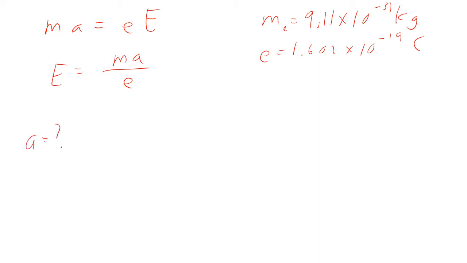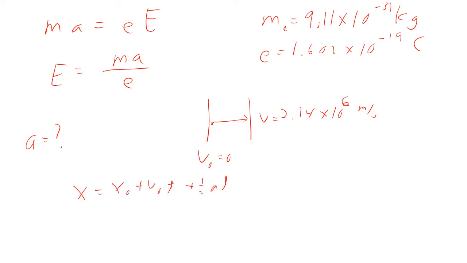So how do we do that? Well, Physics 1. The electron is starting from rest, so v naught is 0, and it ends with a certain known velocity: the final velocity is 2.14 times 10 to the 6 meters per second. I gave you that. You remember from Physics 1, x equals x naught plus v naught t plus 1/2 a t squared.